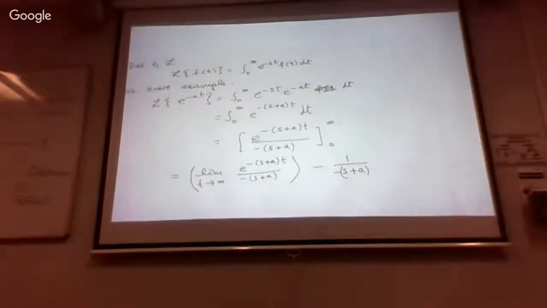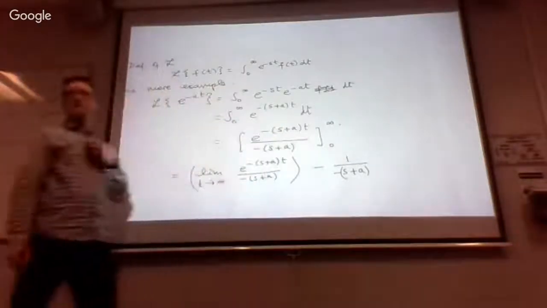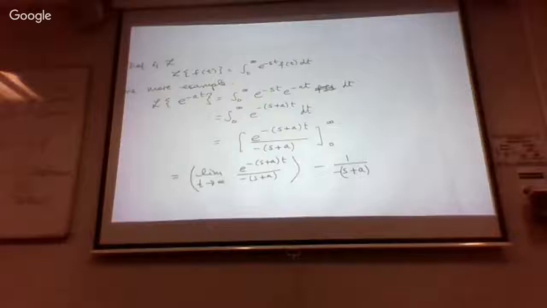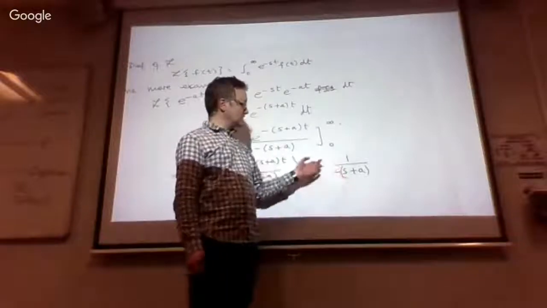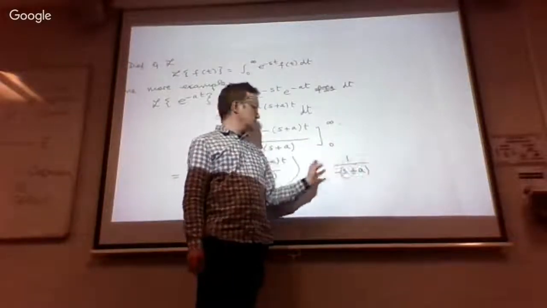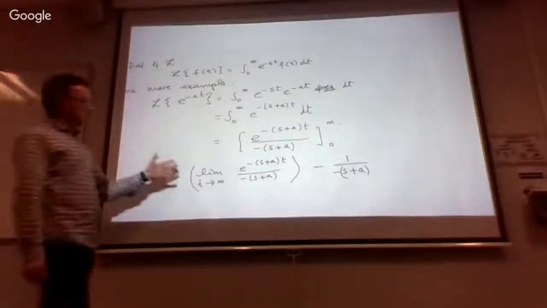And when you evaluate at t equals 0, you're just e to the 0, which is just 1. So, okay, this bit is easy to handle. This is just going to be 1 over s plus a. So the two minus signs will cancel. So it all comes down to the behavior of this limit.